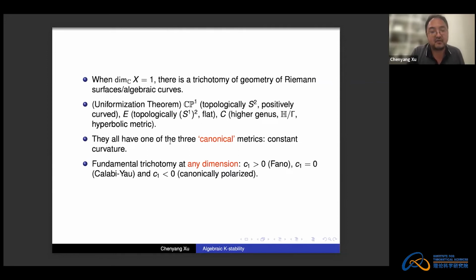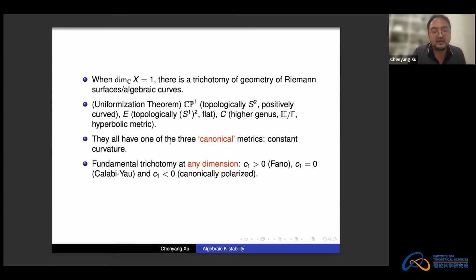Either it's CP1, or it's a torus, given by C modulo a lattice, topologically S1 cross S1, or it's the upper half plane modulo some discrete group action.